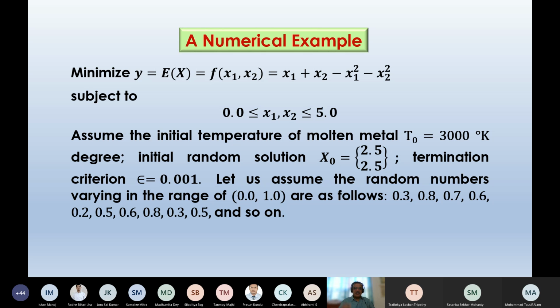Let us assume that the random numbers varying in the range of 0 to 1 are as follows. So just to carry out the hand calculation, I took the help of a few random numbers like 0.3, 0.8, 0.7, 0.6, and so on, to carry out that particular calculation in the iteration.